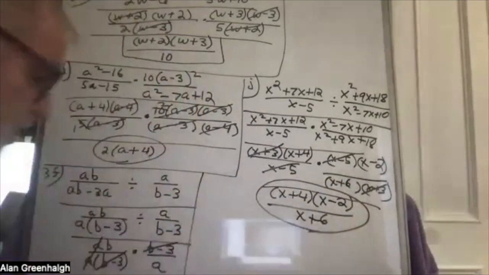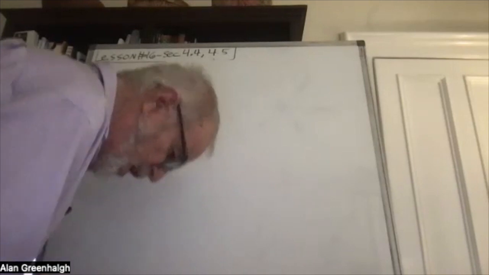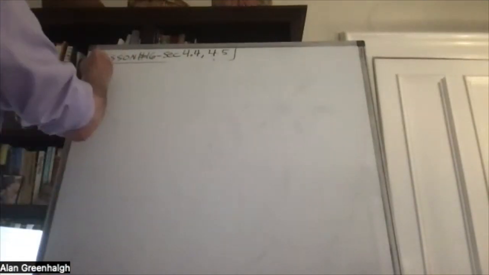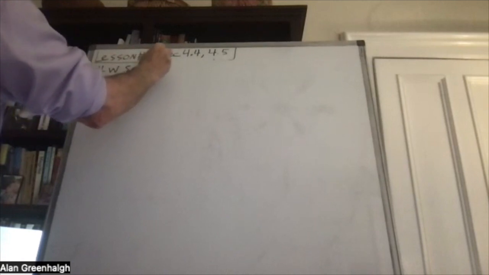And that's the answer to the question. And that's division of rational expressions, division of fractions. The third and final part of the homework, which is section 4.3.